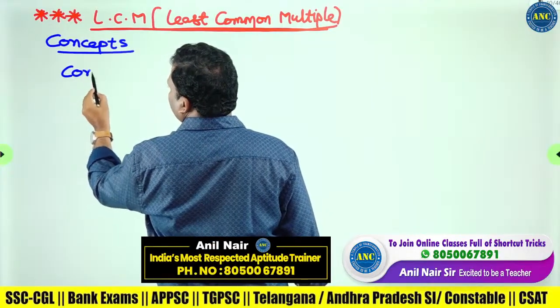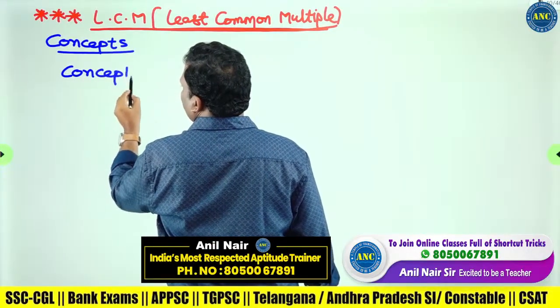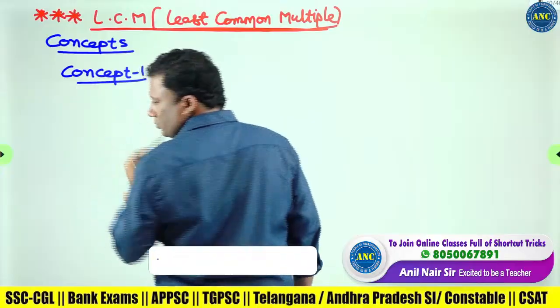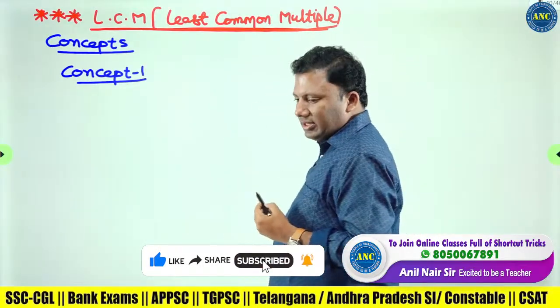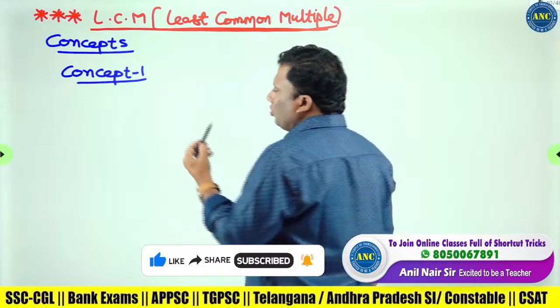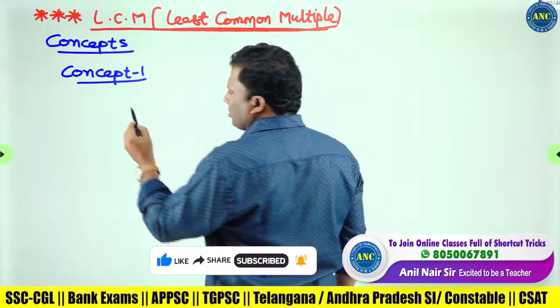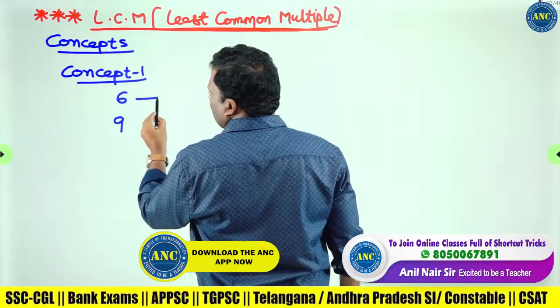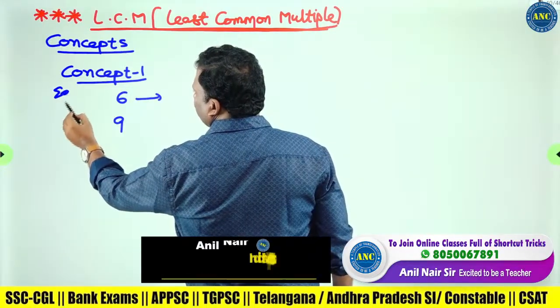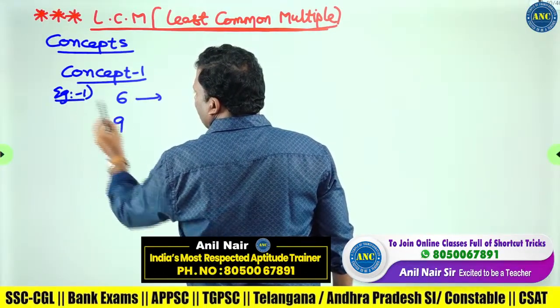Concept 1. Now see. First listen. Let me take 2 random natural numbers. I am taking 6. I am taking 9. So, this is example 1: 6 and 9.